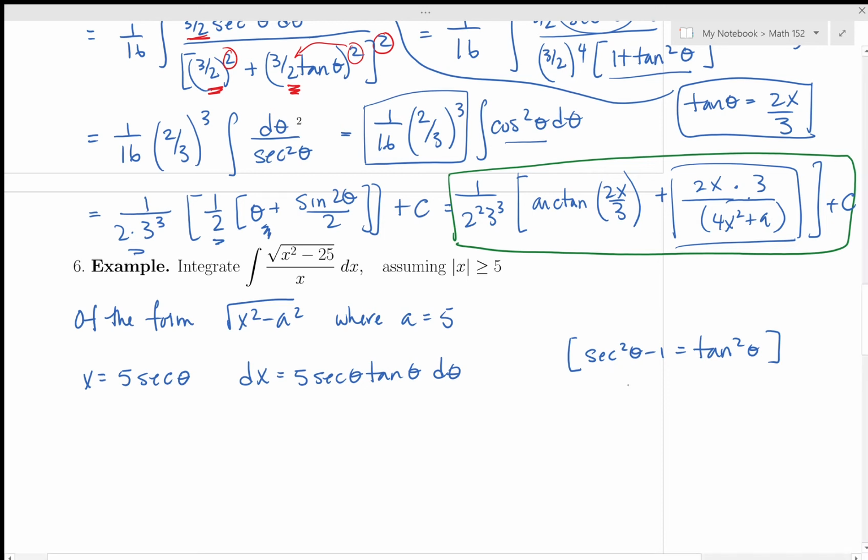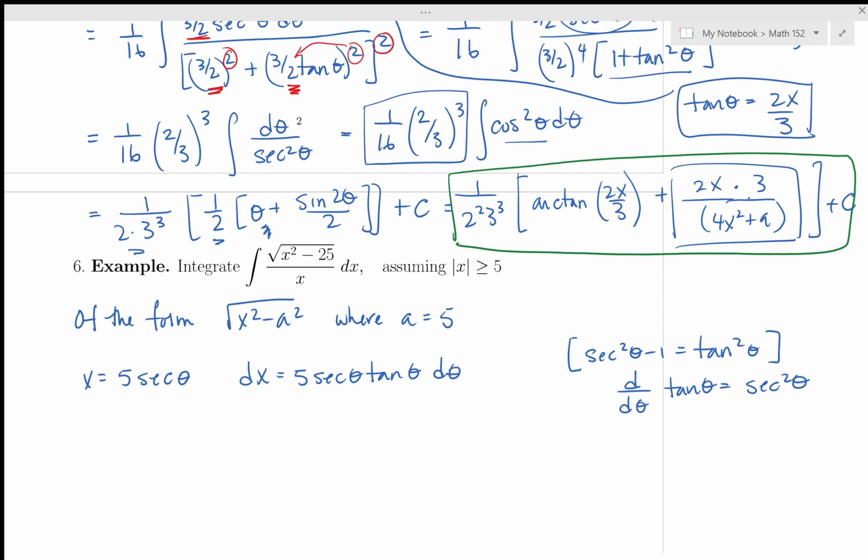Maybe also thinking that the derivative with respect to theta of tan theta is secant squared theta. Maybe just have that little fact sitting there as well. Okay, so let's see if at this point we can make the substitution. We know that x is 5 secant theta, and we've computed what dx is.